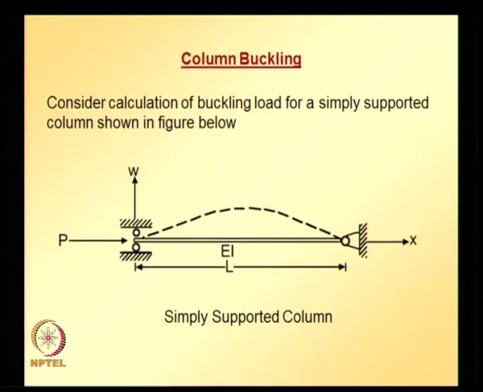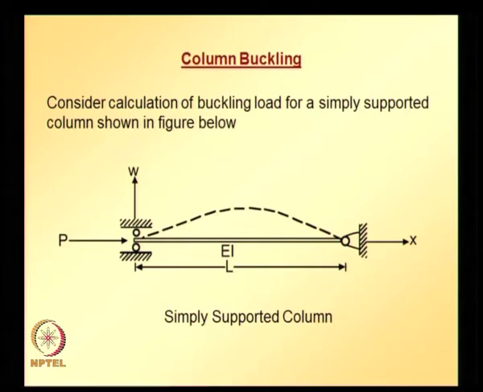The length of the column is L, EI is constant, and the x axis is shown along the centroidal axis of the member, and W is shown perpendicular to the x axis, and P is the load that is applied at one end. So, this is a simply supported column, and if you observe the boundary conditions, W at both ends is equal to 0 and also the curvature at both ends is going to be 0.